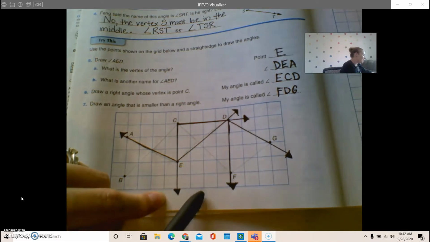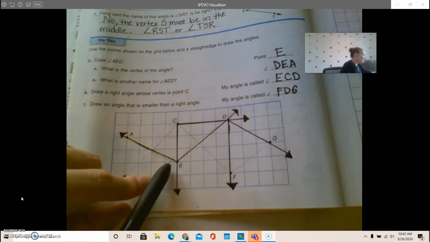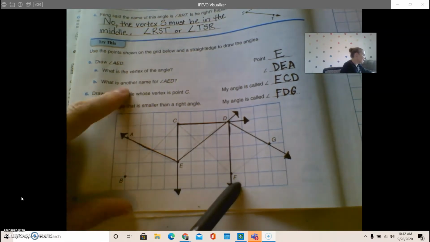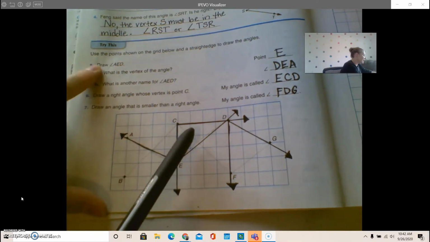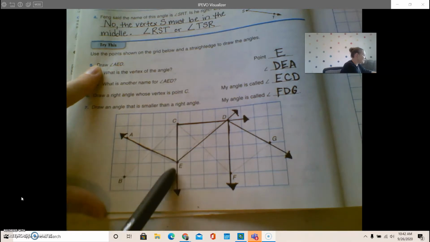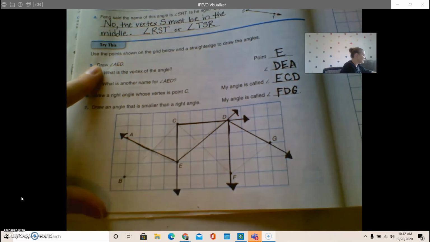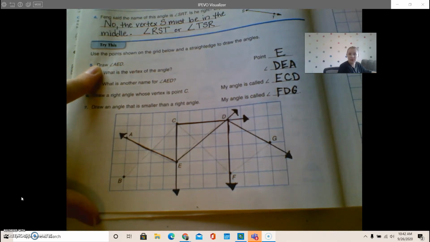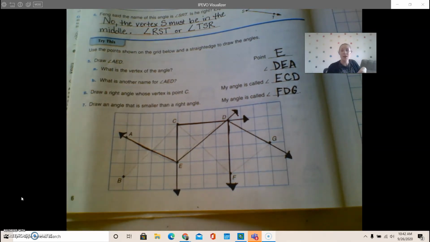But there's other possibilities. You could have done EDF, you could have done ACE, that's smaller. You could have done BCE. So there's a few different answers. Just make sure that your angle is smaller than 90 degrees.